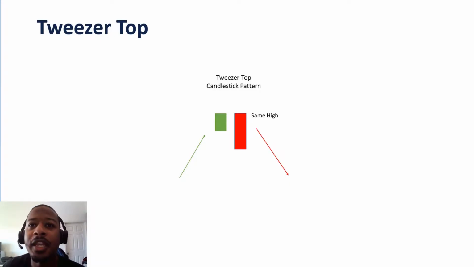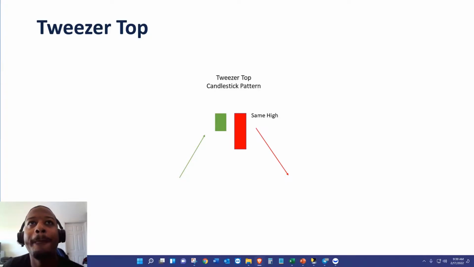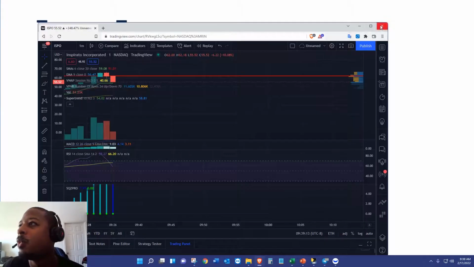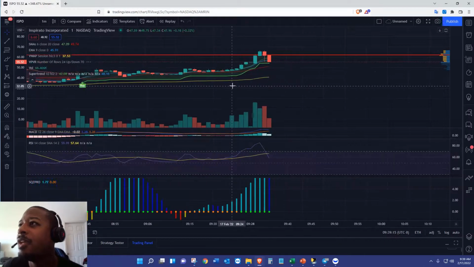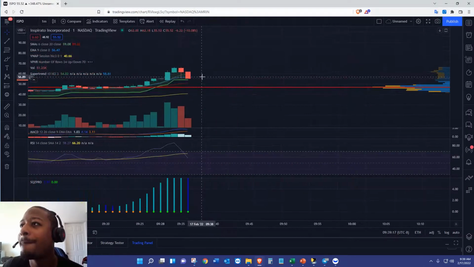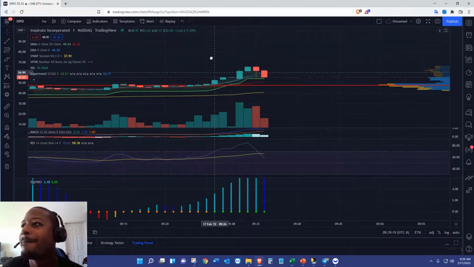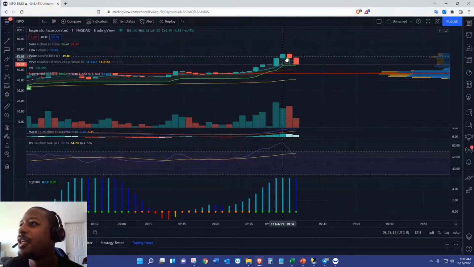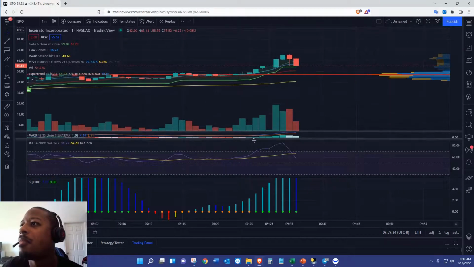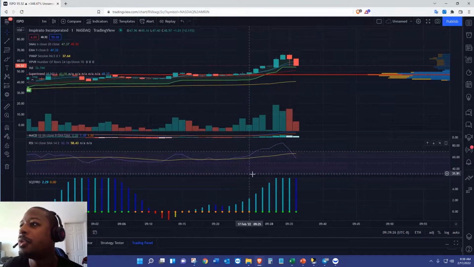Okay, and again, that's exactly what we see here with ISPO right now. So if I was a trader, I would begin to trade this to the downside. If I was in this trade, I would look for some shorts to short this at this point.